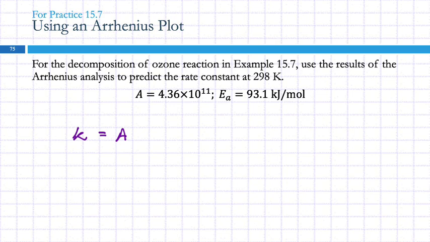Capital F would make more sense, but we use that for something else, so it's A. The frequency factor times e to the negative Ea, there's our activation energy, over RT. So we're wanting to find k, so we can plug these things in here.